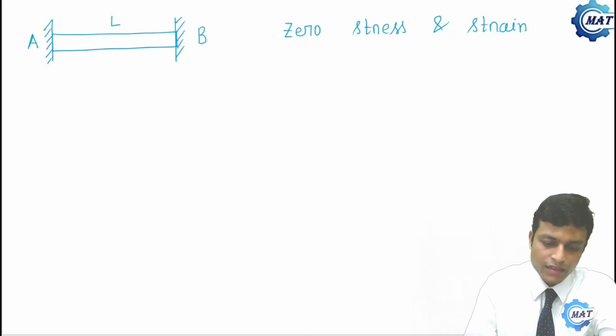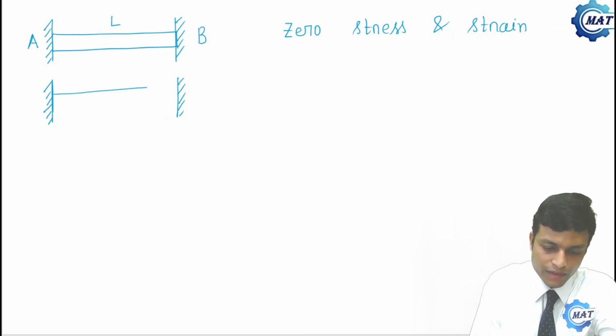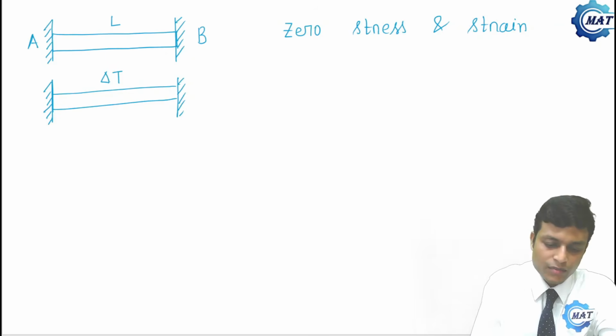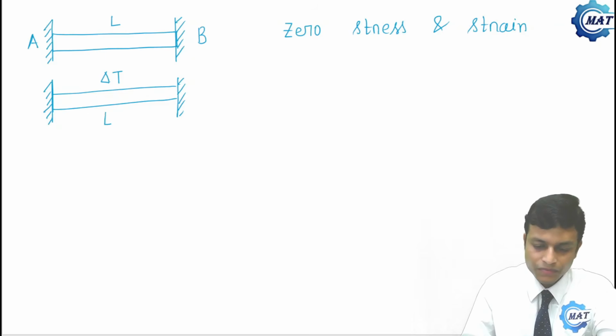From that, the temperature of the bar has been increased uniformly by delta T, that is, at all points the temperature rise is delta T.